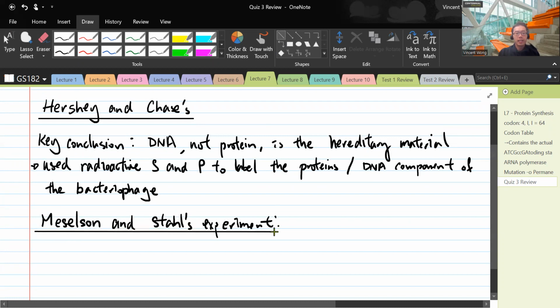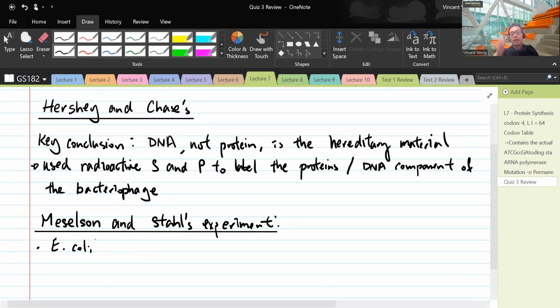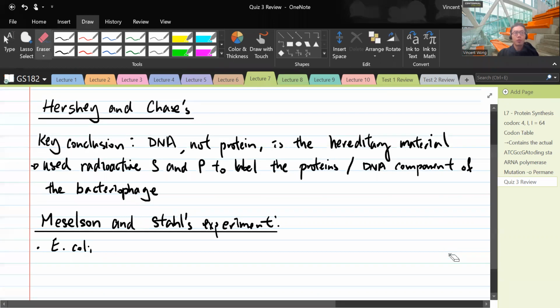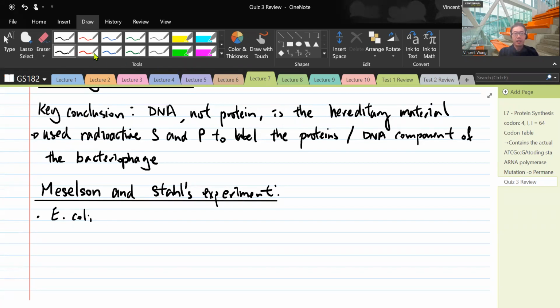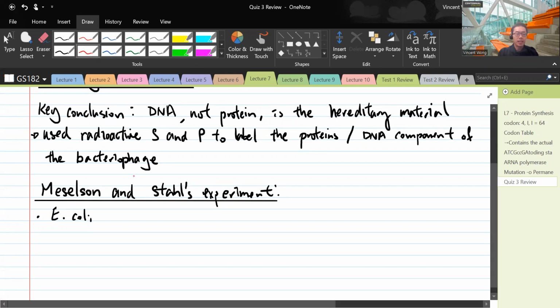Okay, so again, in that experiment, they were working with E. coli, and they were grown in heavy nitrogen, which was then transferred to regular nitrogen to grow, right? So initially, after several generations growing in the heavy nitrogen, all of their DNA is going to consist of heavy nitrogen.